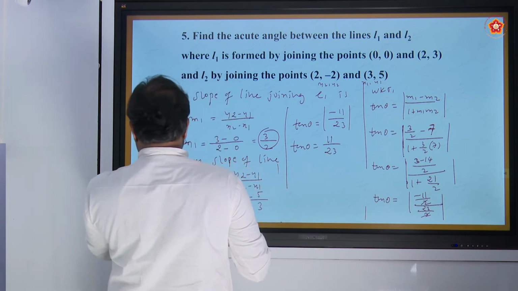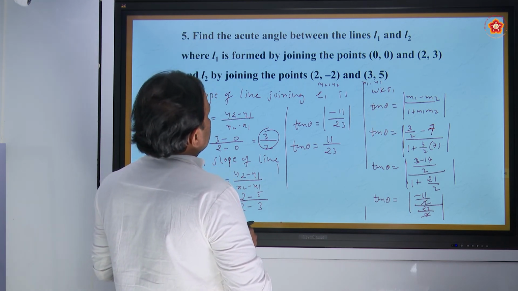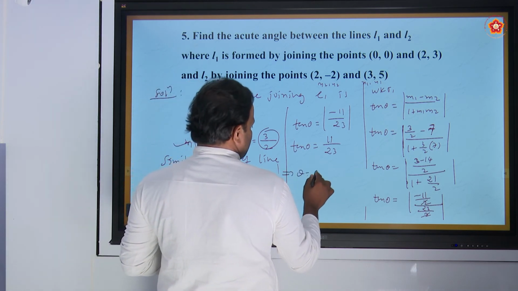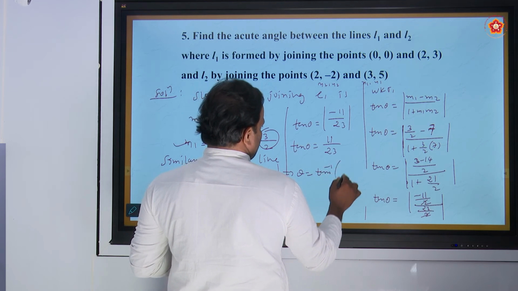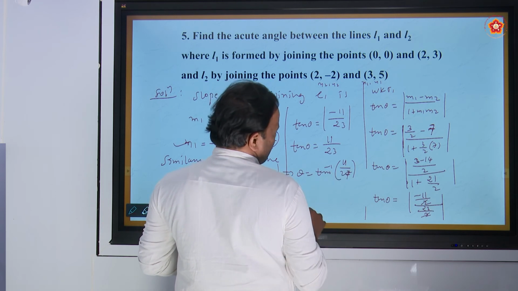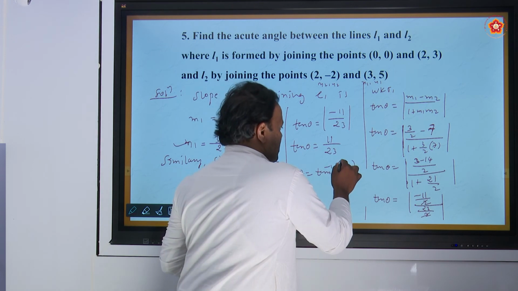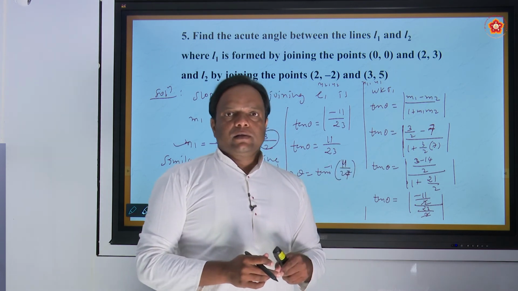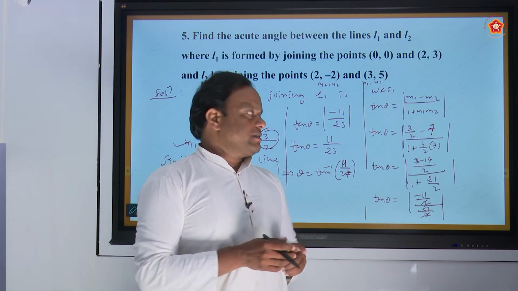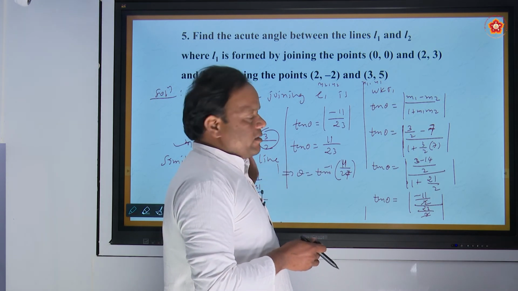Observe here, 11 by 23 is not a standard value of any angle theta. So we can write theta is equal to tan inverse of 11 by 23. This is the acute angle, and we can find this value by using logarithmic tables, or by using a scientific calculator we can find this value of theta.